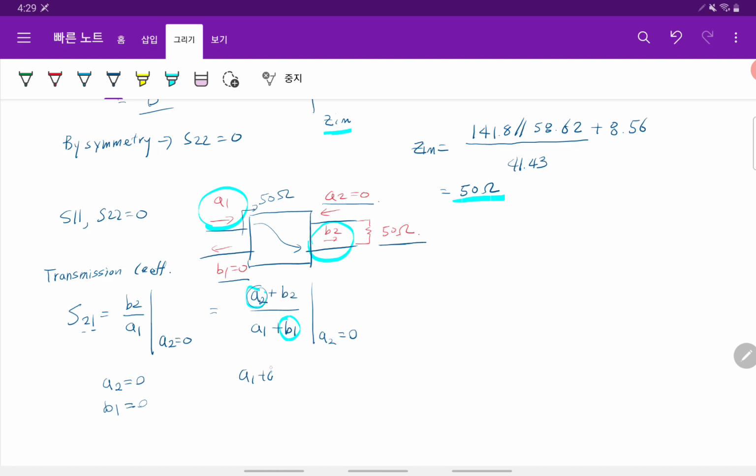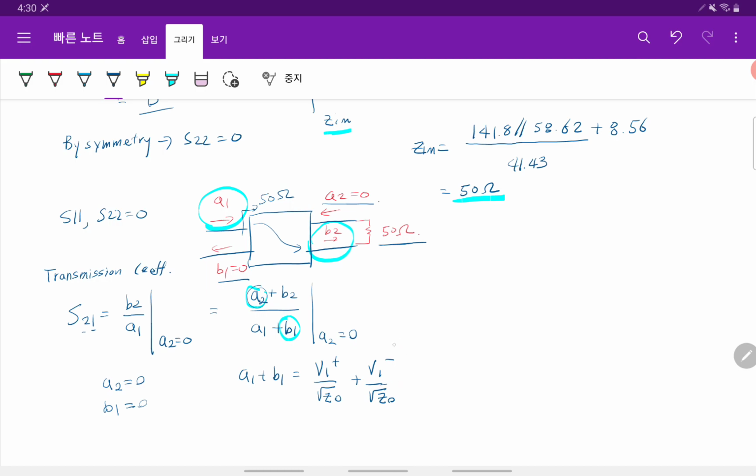So A1 plus B1 is basically, right, the normalized incident and reflected voltage.